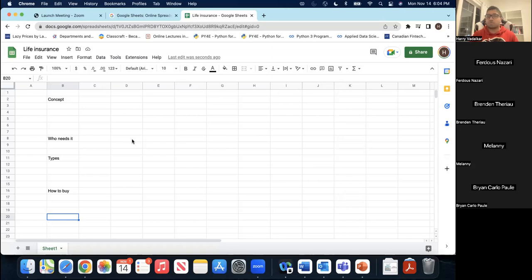So we are going to discuss four things practically first and then go over the PowerPoints. First, what is the concept of life insurance? Life insurance is for your family. Let's say there is a person A, and he has a family that is dependent on him. Person A has a certain income that the family depends on. From that income they meet living expenses and try to achieve their goals, like education of kids.